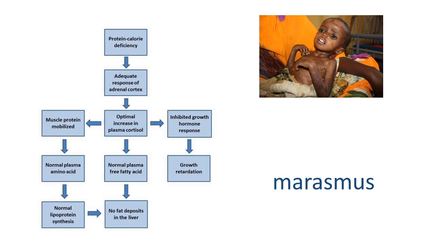In case of marasmus, we can see an equal protein and calorie or energy deficiency. Due to this deficiency, the adrenal cortex activates, and we can see an increase of cortisol and other cortex hormones. But for us, it's very important to remember the cortisol level.